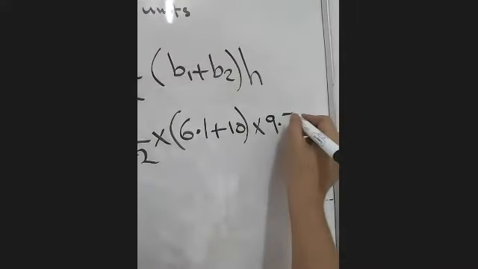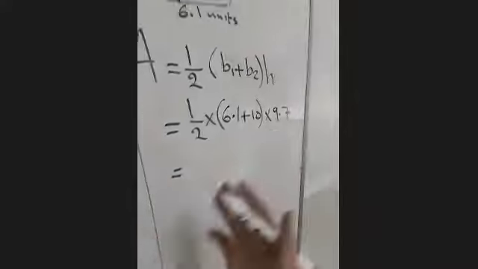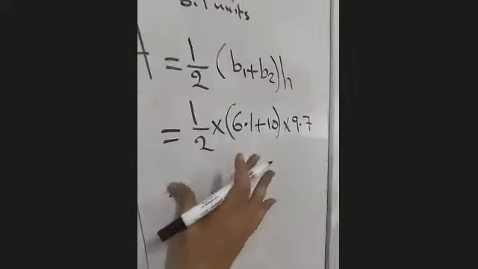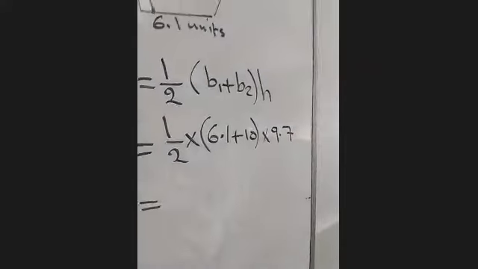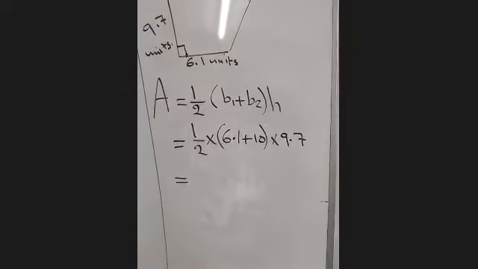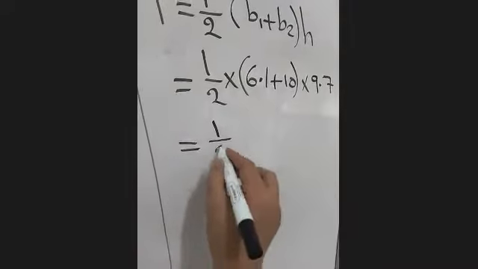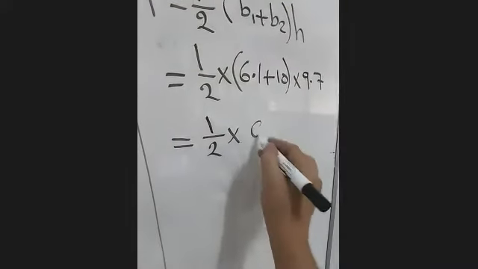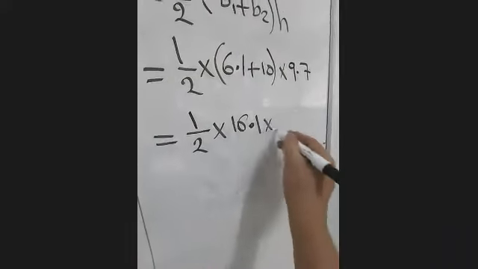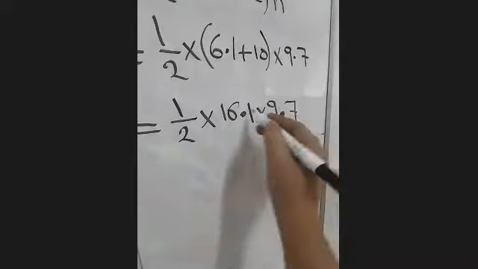9.7. Good. What's the first thing we do here? First, we make 6.1 plus 10, the brackets. So half multiply 16.1 multiply 9.7. Do you understand?